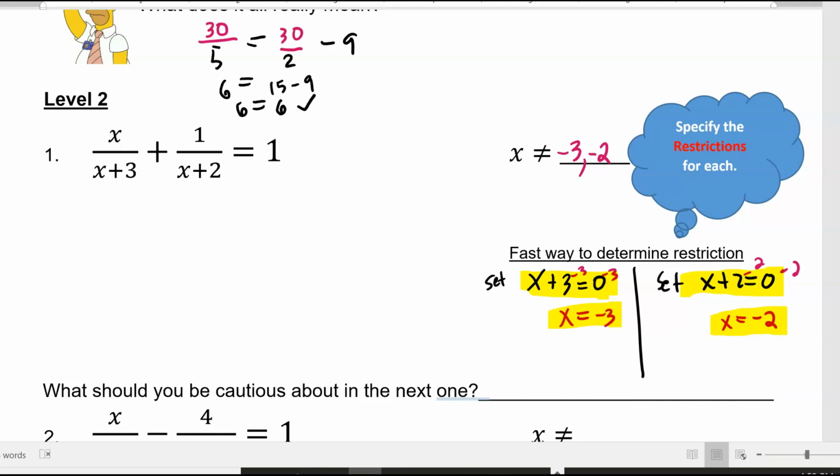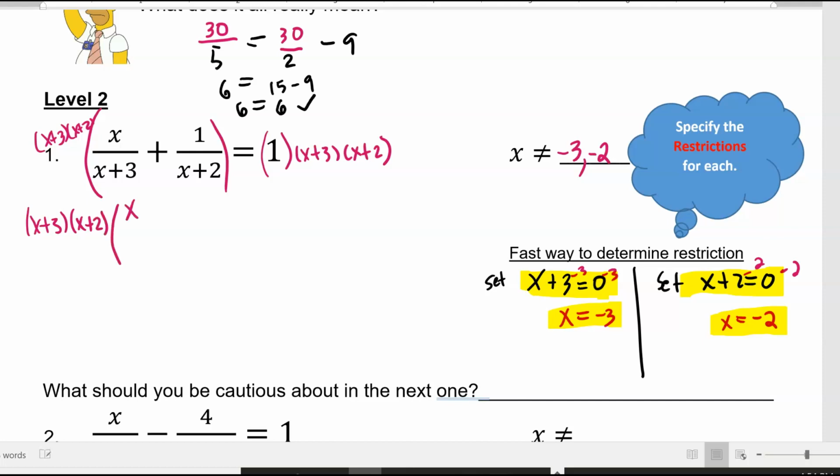What are we doing? We are multiplying both sides by the LCD, and the LCD is x plus 3 times x plus 2. So we multiply both sides by x plus 3 times x plus 2. That seems really complicated, but once you write it out and start canceling things, it's a little simpler than what you expect.